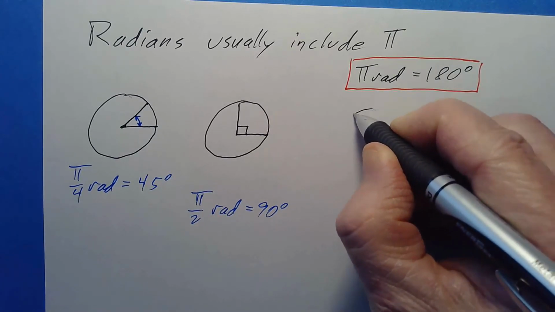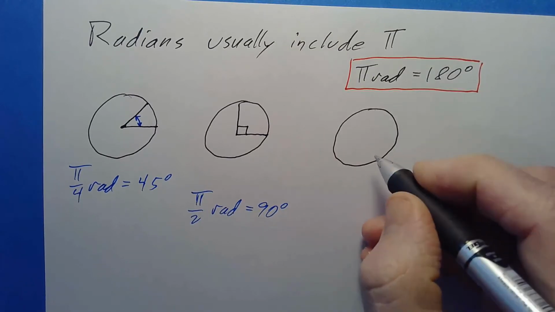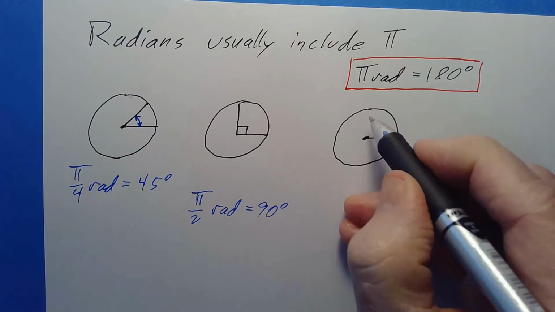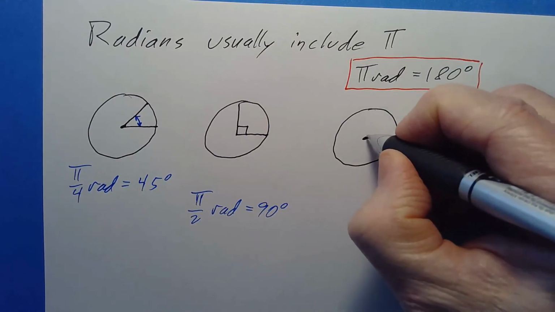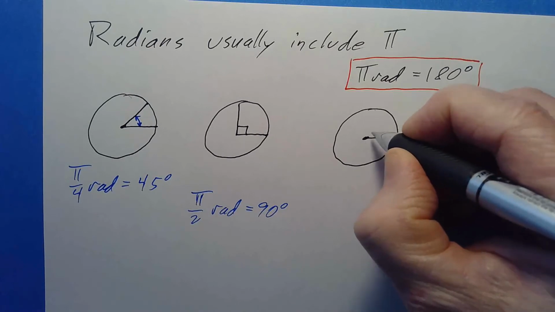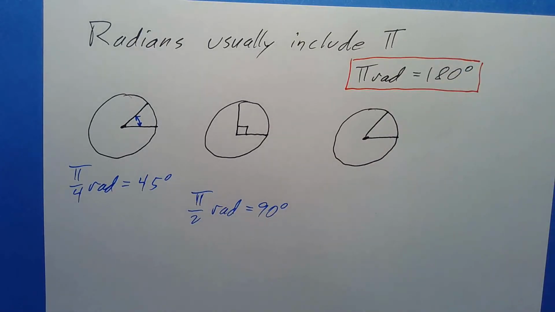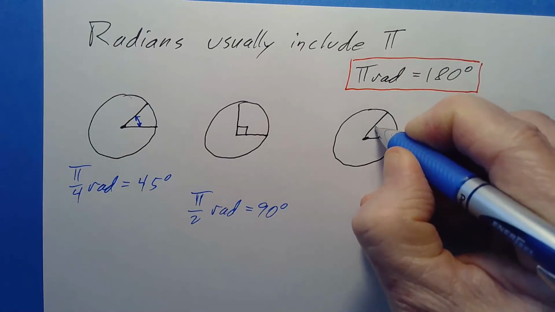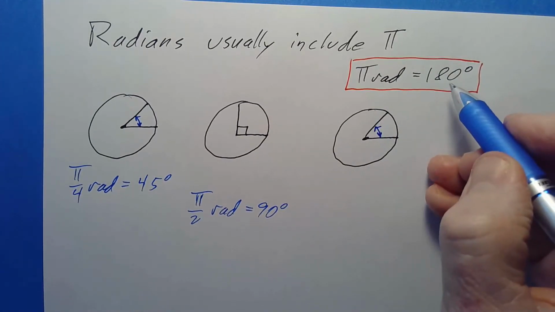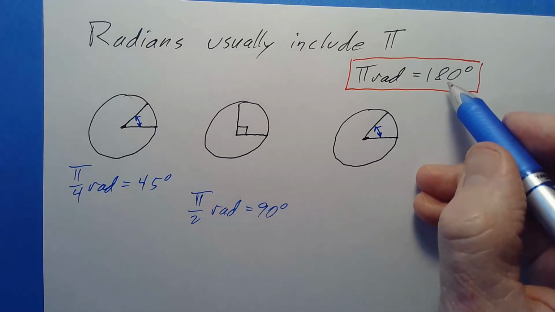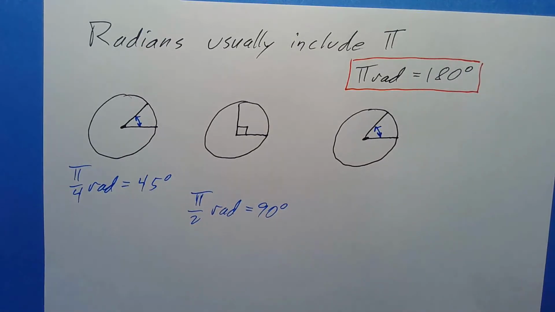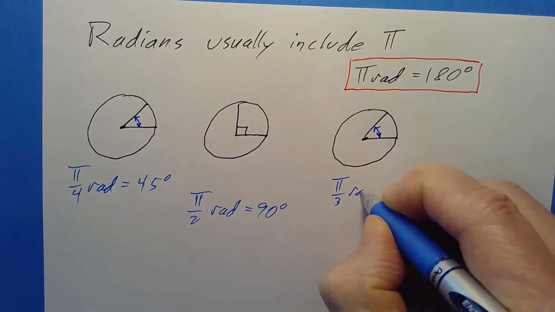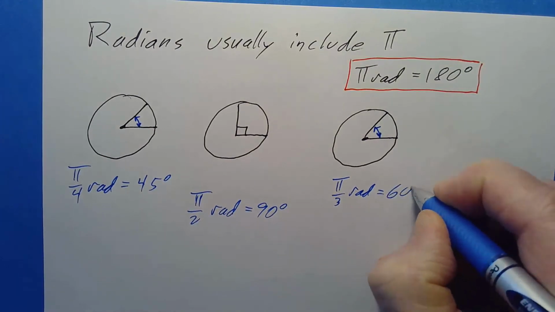If I again start here, rather than going a quarter and a half, if I went 1/3 of the way over, well, 1/3 of 180 is 60. So pi over 3 radians equals 60 degrees.